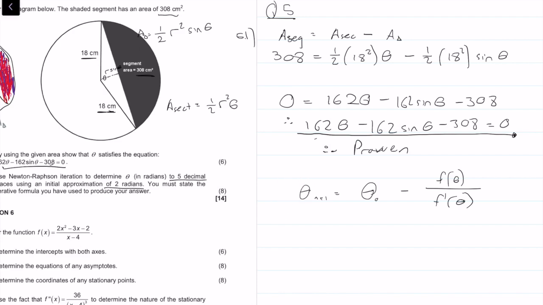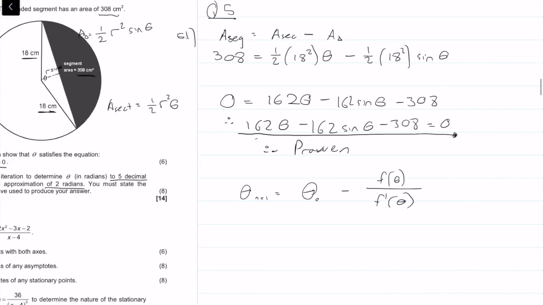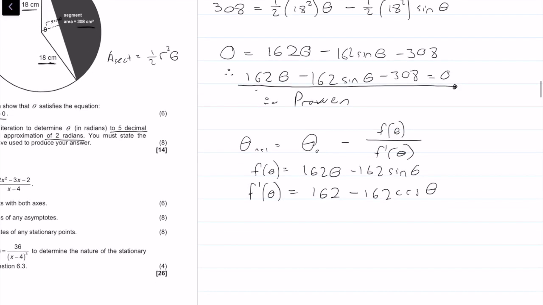So what we need to do is get f of theta, which we already have. f of theta is equal to 162 theta minus 162 sine theta. f dash of theta is therefore equal to 162, and the derivative of sine is cos, so 162 cos of theta.